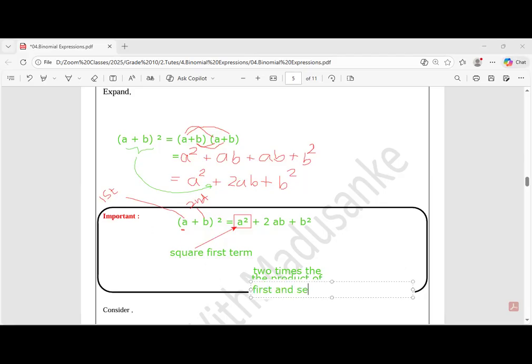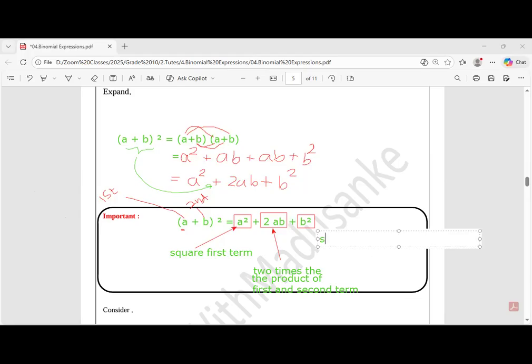I will explain this in bold so that you can obtain your middle term, 2AB. So by using the same method, you can obtain the last term. How we are going to obtain the last term?